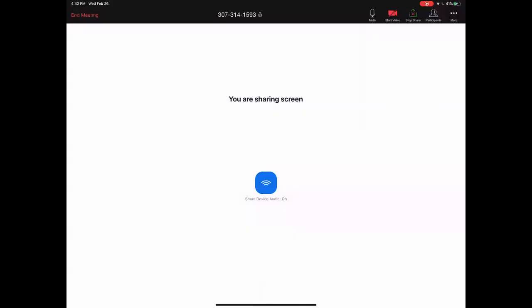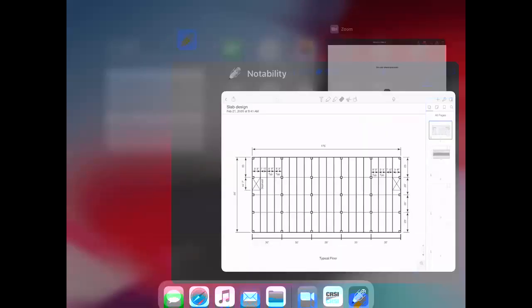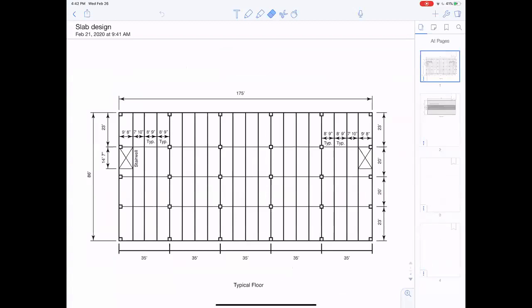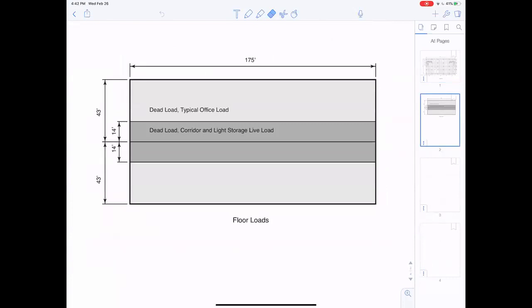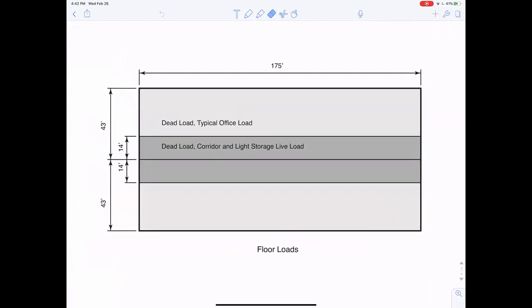Let's design the slab for our simulated little project. Here is the floor plan that we had settled on, and here are the loads. If you go back to the loads videos, we ended up deciding on 65 PSF live in the offices, 50 PSF office plus 15 PSF partitions.